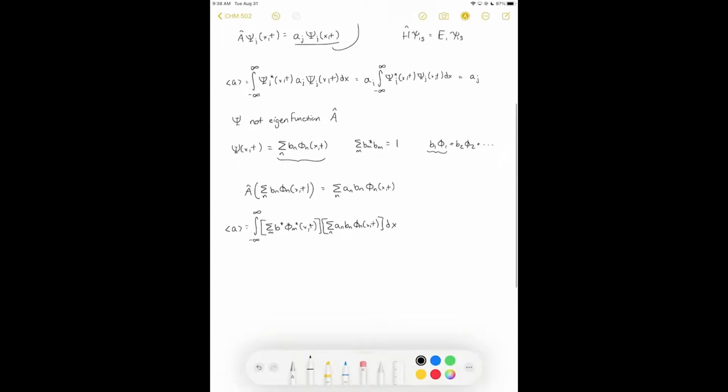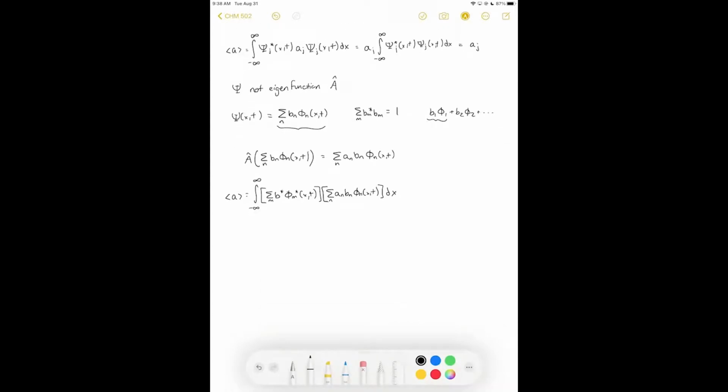So here we have this function that looks pretty nasty, if I do say so myself. But lucky for us, we can simplify this drastically. The first thing I'm going to do is probably not going to look like too much of a simplification, but then we'll evaluate what it means.